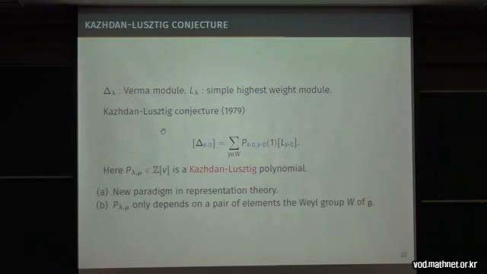But what the Kazhdan-Lusztig conjecture is telling us is that you take some polynomial and you take its value at 1, and this is the number that you want. And this is rather surprising. Why do I need to evaluate this polynomial to get a number? Also, one thing that was very interesting in the definition of this Kazhdan-Lusztig polynomial is that you cannot define it without first calculating it as a polynomial.